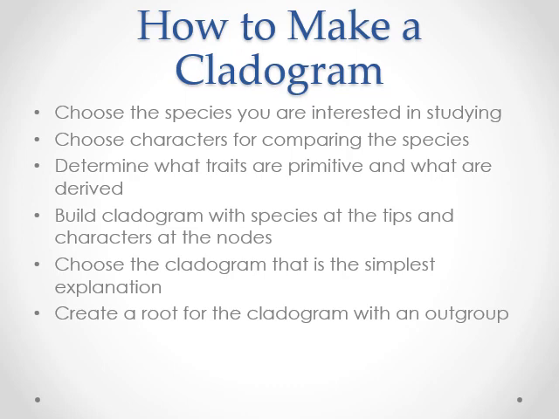So for, let's say, this, we've got several different organisms. I'm just going to do basically the same thing we just did. Turtle as a reptile, horse, wolf, cheetah, cat.